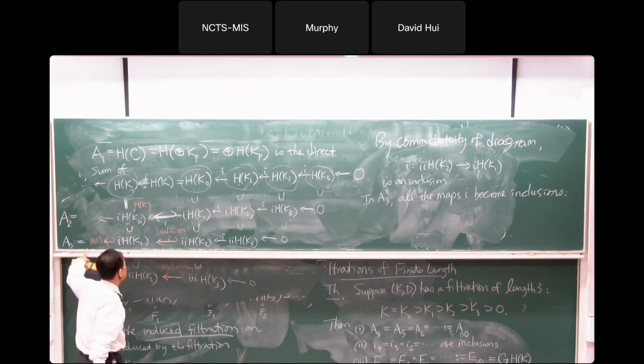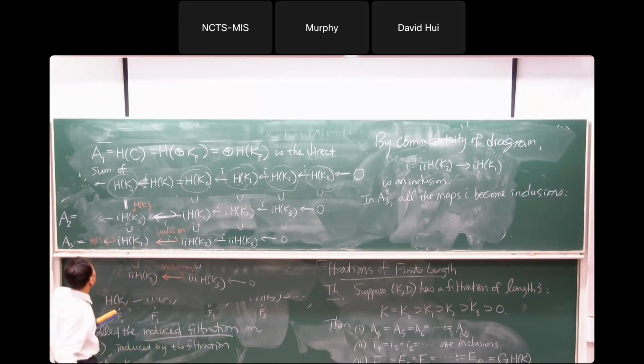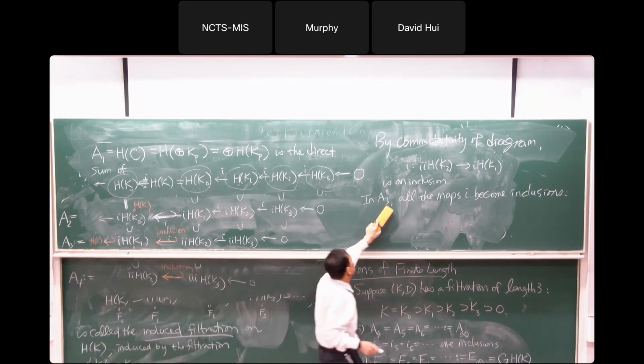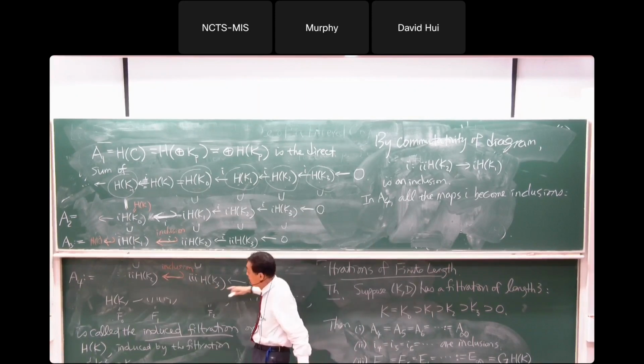So here is A3, right? Now this is the next one, A4. You are right, A4. So this row is A4.